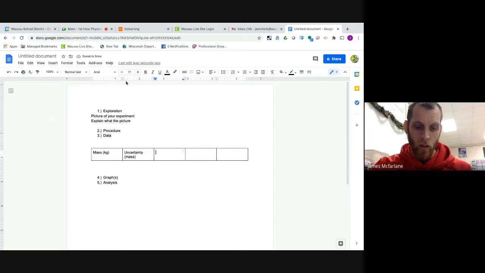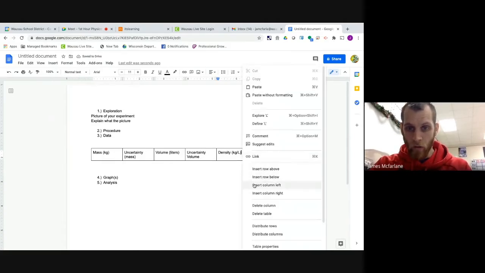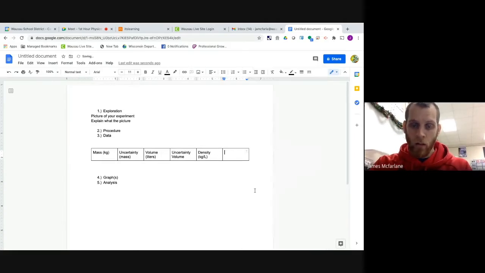Then volume in liters. It should be cubic meters, but I'll just do liters. Then uncertainty in volume, and then density in kilograms per liter. And then I'll insert a column to the right for uncertainty in density.